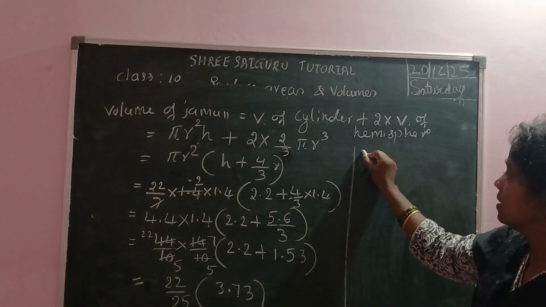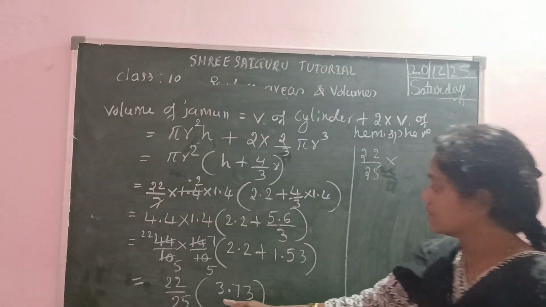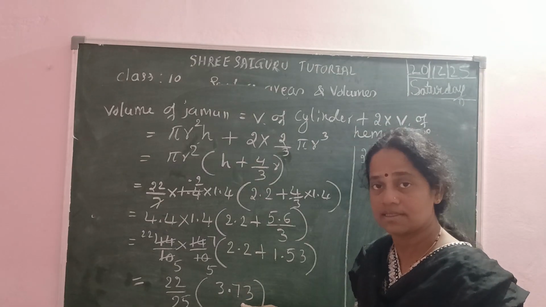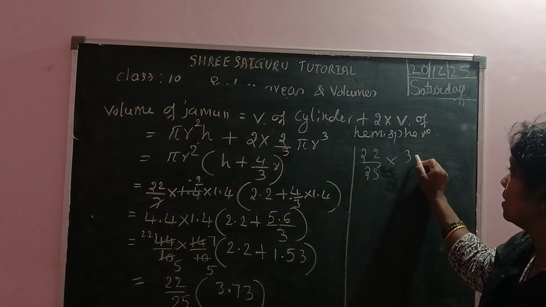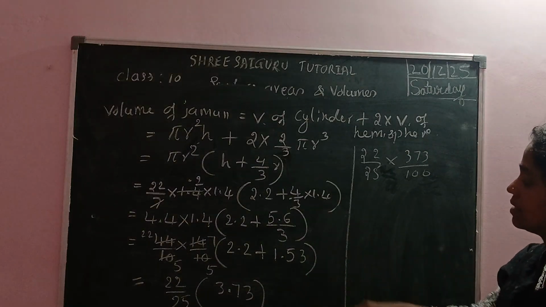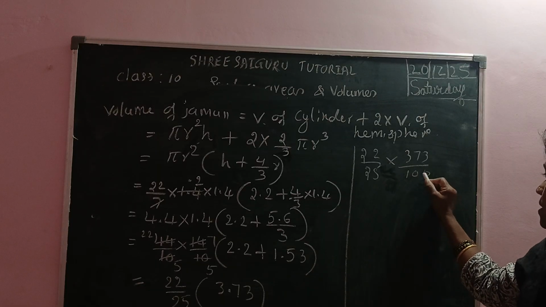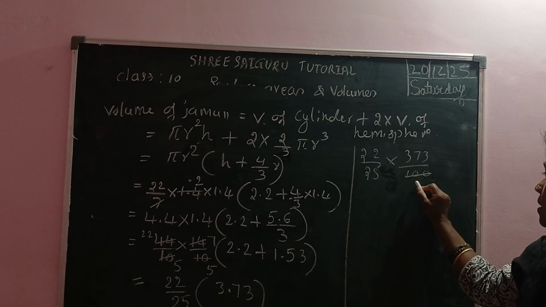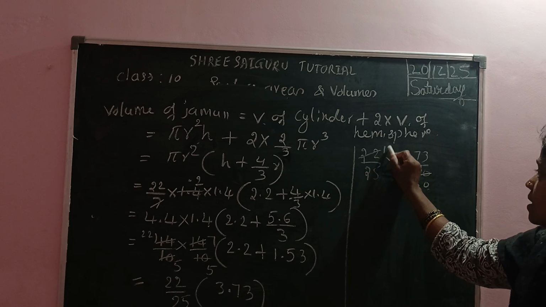Yes. That is 22 divided by 25 into 3.73. What is the fraction for 3.73? That is 373 divided by 100. So here calculation. 2 5s are and 0 0 here, 2 11s are.